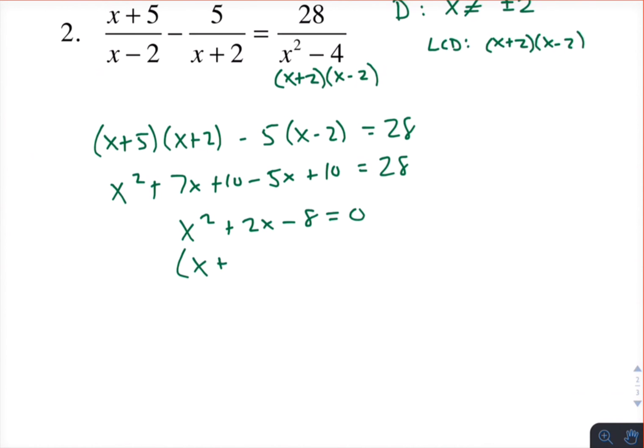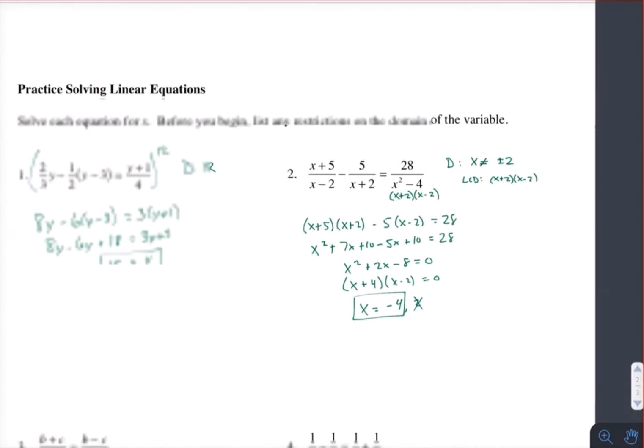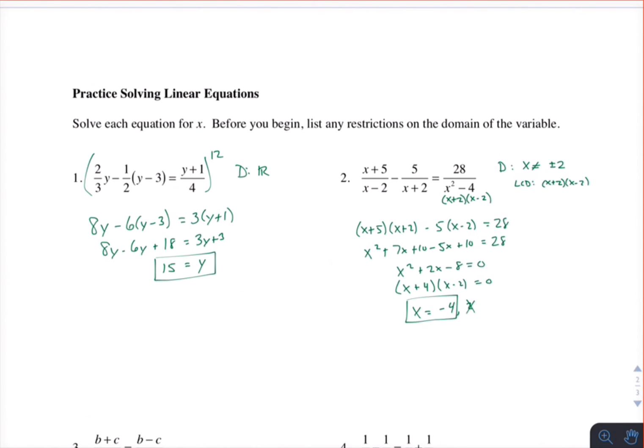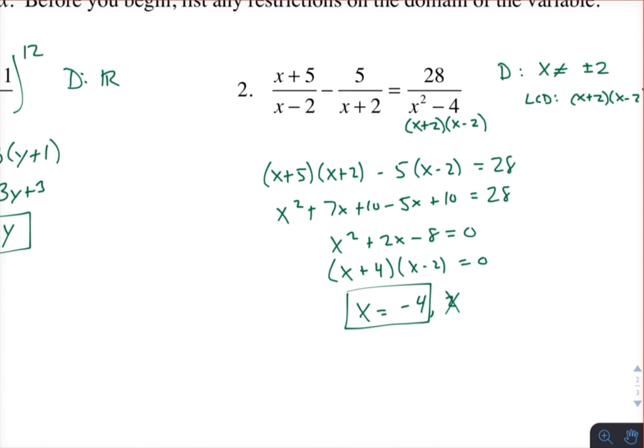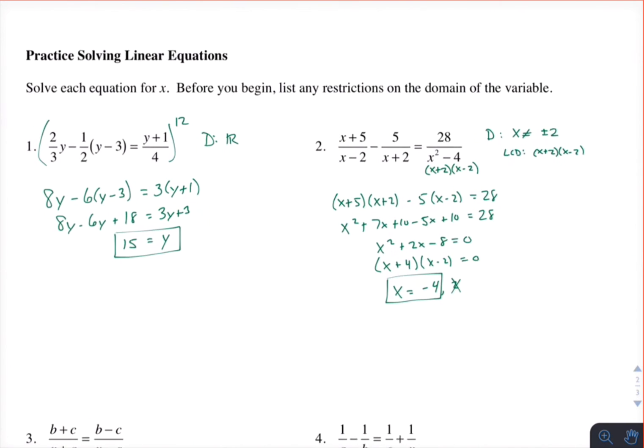So x plus 4, x minus 2, and so x equals negative 4, comma 2. But remember that 2 is not in the domain, so x equals negative 4 is the solution. And notice there that that's actually not a linear equation, but we still have the skills to solve it.